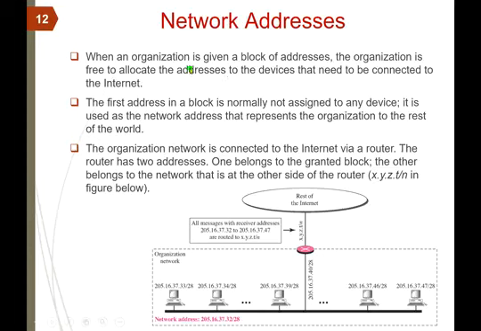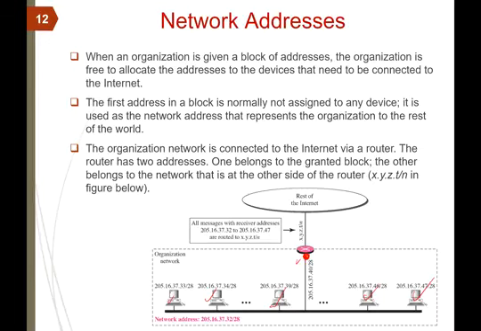When an organization is given a block of addresses, the organization is free to allocate the addresses to the devices that need to be connected to the internet. So, for example, you're given this block of 16 addresses. You give these addresses to your devices, and the interface of the router also needs one of these IP addresses.